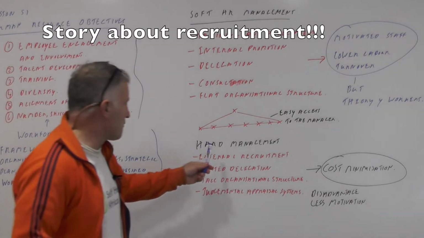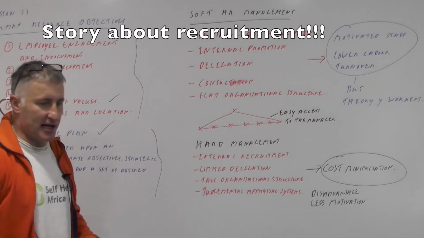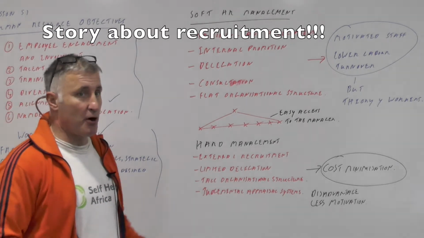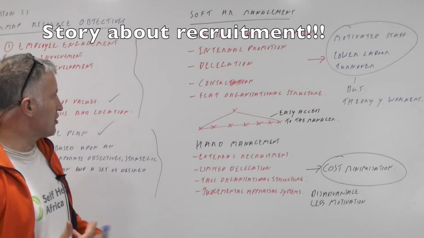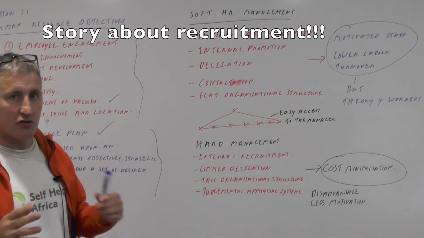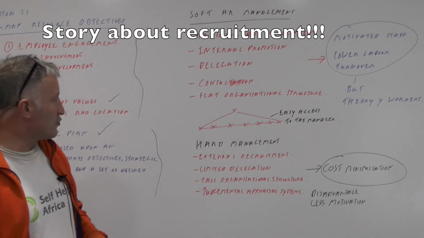We have hard management and soft HR management. Now, soft management is really lots of training and development, Theory Y type workers, and internal promotion for the workers. You delegate to them, you empower the workers with lots of responsibility. You have a flat organisational structure and consultation between the different levels.